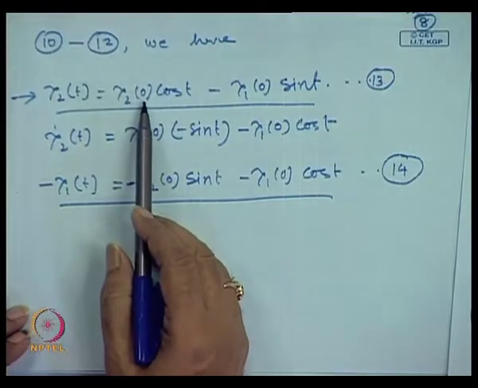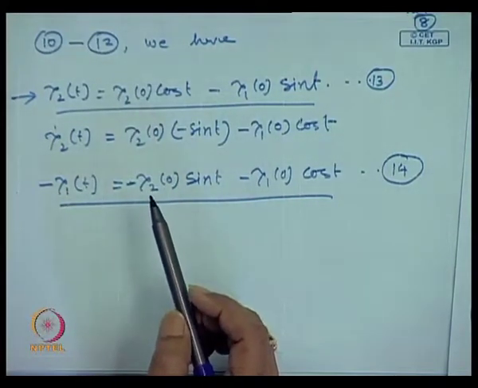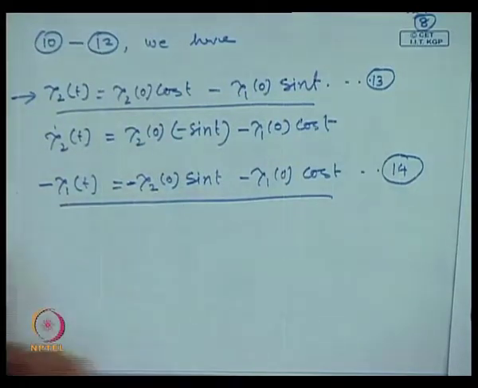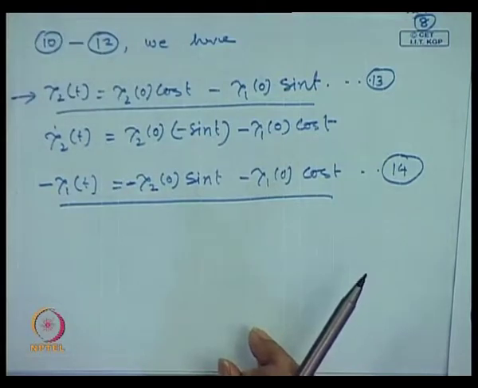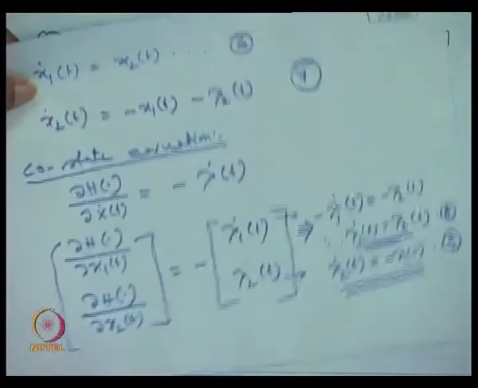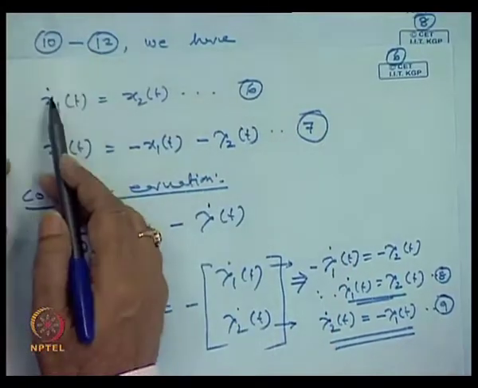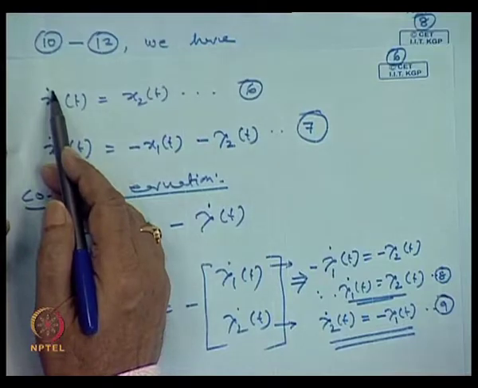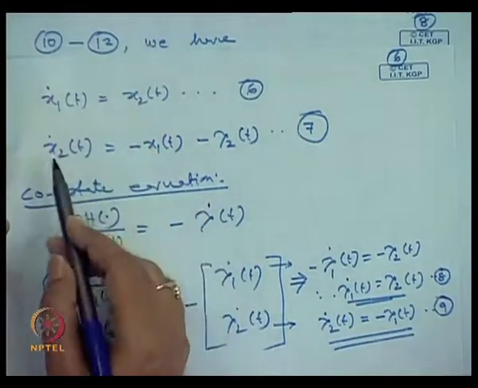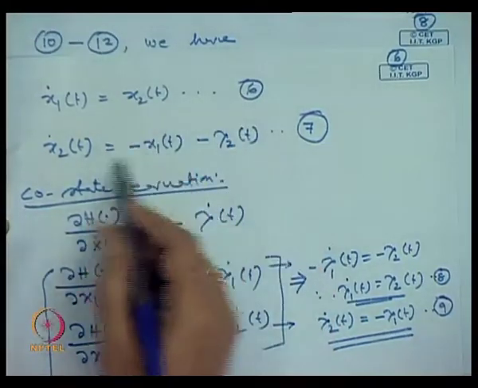So, from equations 6 and 7, if we differentiate once again with respect to time, x 1 double dot is equal to x 2 dot, and we replace x 2 dot by this one.